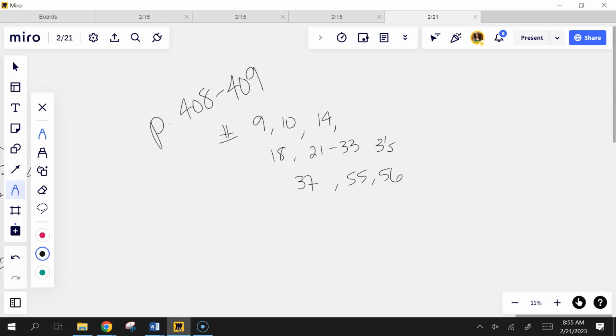Yeah. I'm just gonna warn y'all, volumes by cross section is not always my favorite, but volumes by rotation, I love it.